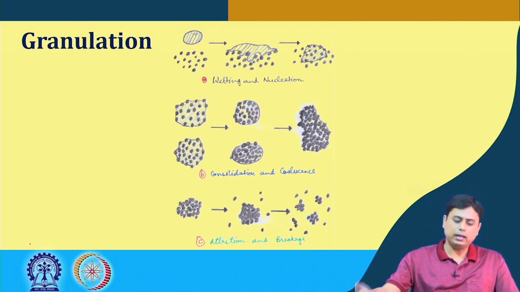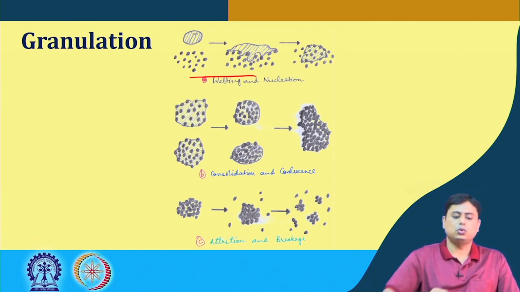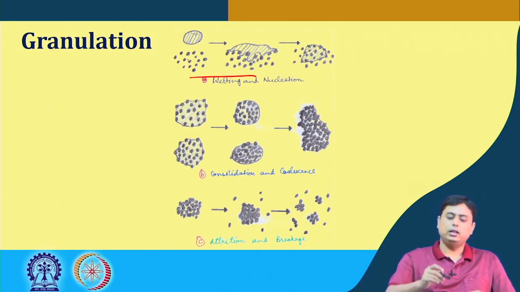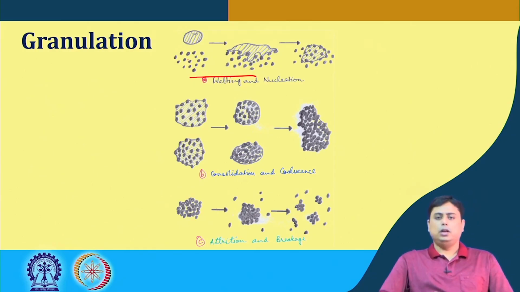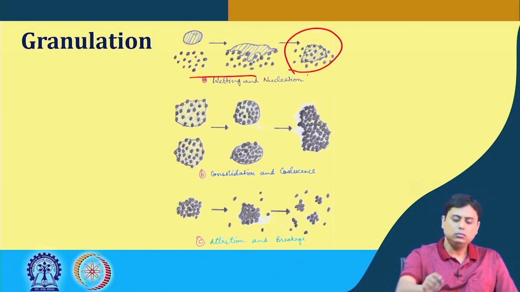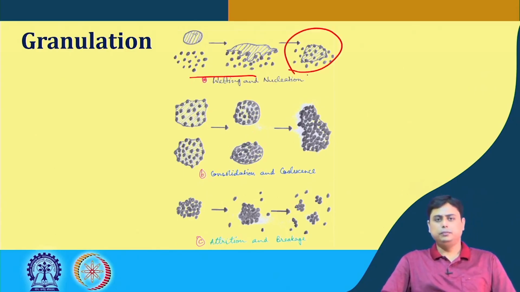So in this schematic, the first stage shows that a single liquid drop is falling on the surface of very small particles, and then it wets and forms the bridges in between the particles, and one granule is generated.